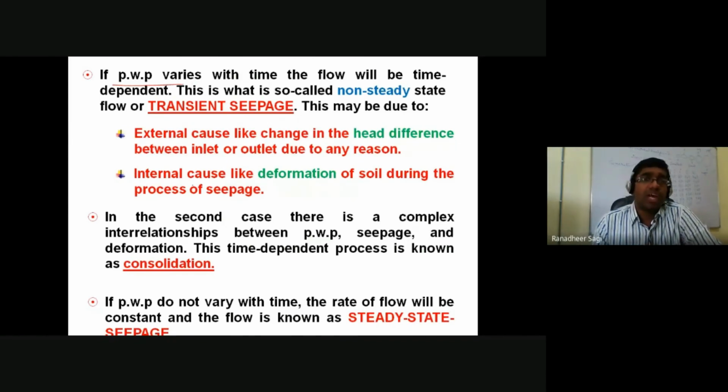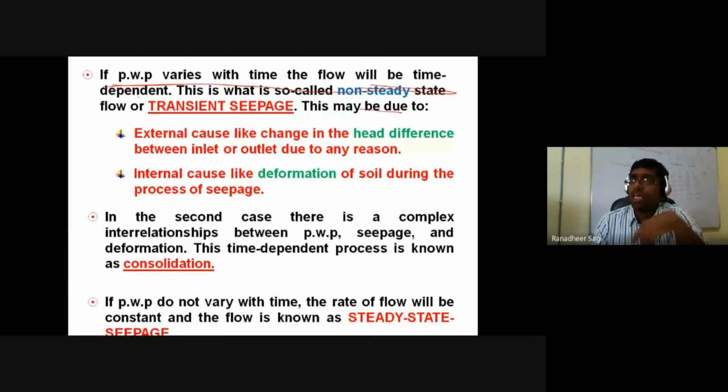Whenever we consider pore water pressure variation with time, the flow we are dealing with cannot be considered steady state flow. If the pore water pressure is varying with time, then we need to call this non-steady state flow, or transient flow.